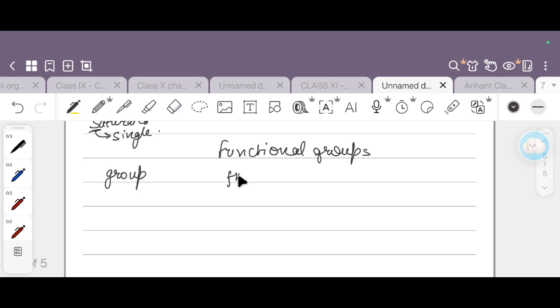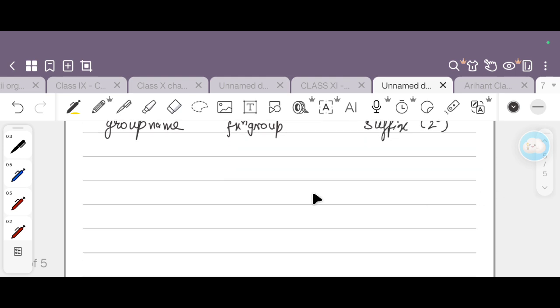Here we'll be naming the suffix, that is secondary suffix. The first functional group is halo group.